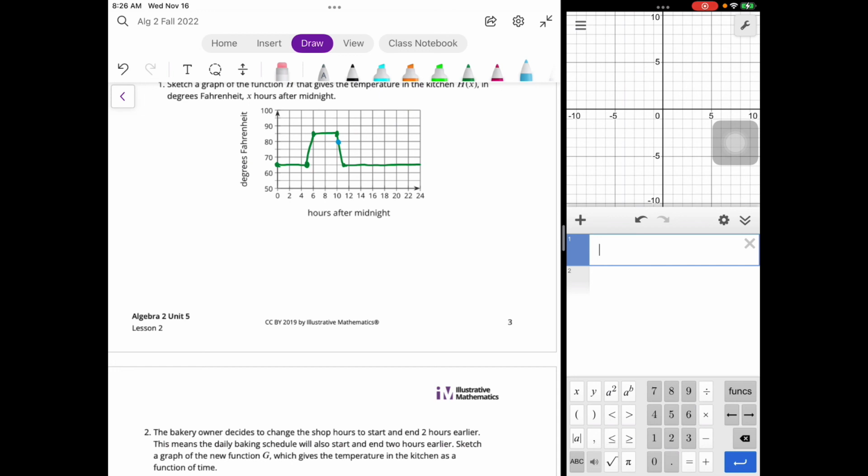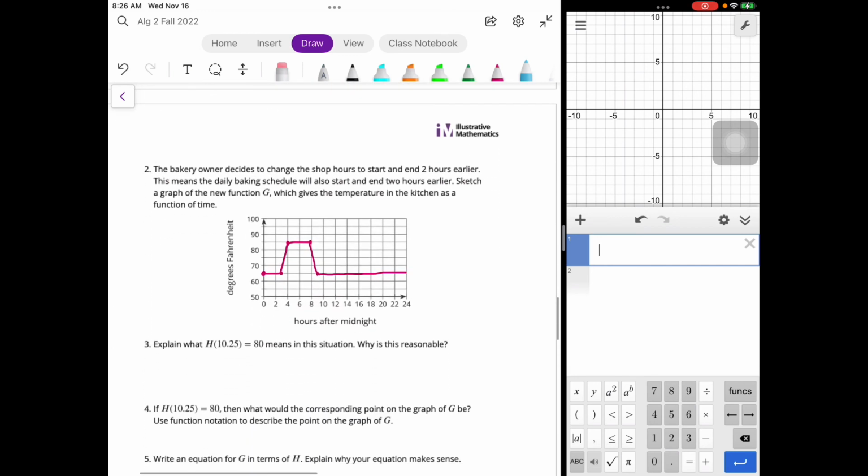So that means at 10:15, because a quarter of an hour is 15 minutes, the temperature is 80 degrees. And that is reasonable because the temperature is going back down from 85 to 65.